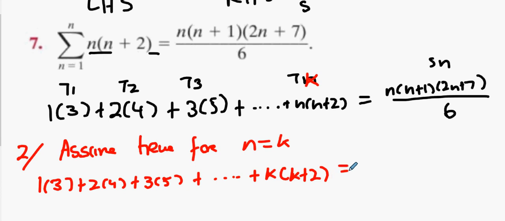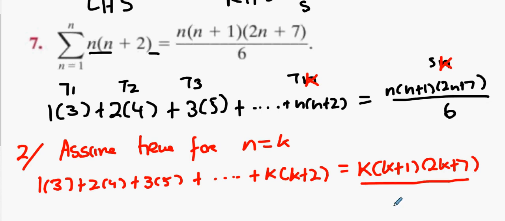And then we're not having Sn, we're having Sk: k times k plus 1, 2k plus 7 all over 6. Is that okay with you guys?